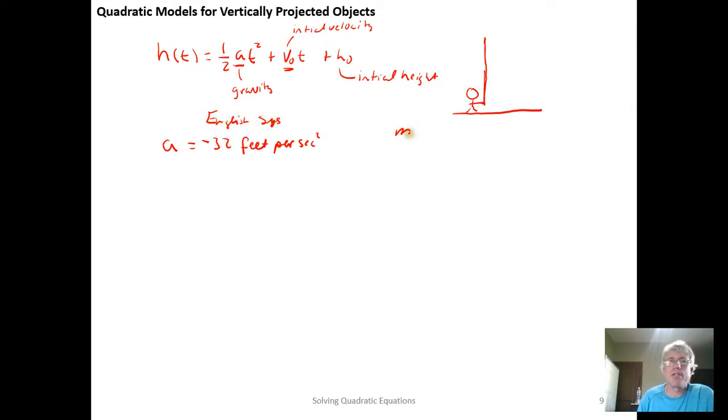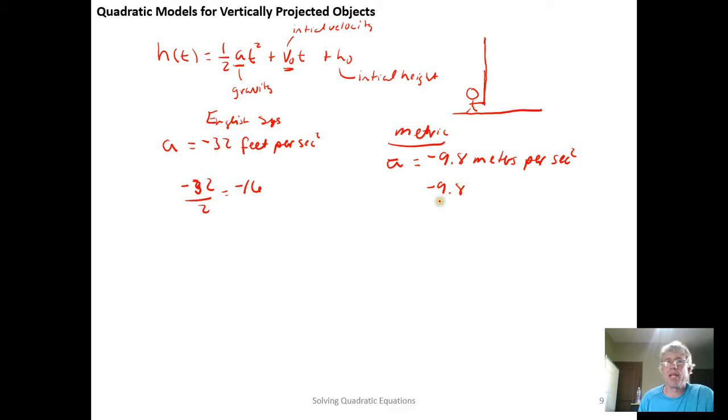If you're working in the metric system, you're going to usually have acceleration equaling -9.8 meters per second squared. And then we multiply that acceleration by 1/2. So if we take the -32 and halve it, we get -16. And if we take the -9.8 and multiply by 1/2, we get -4.9.